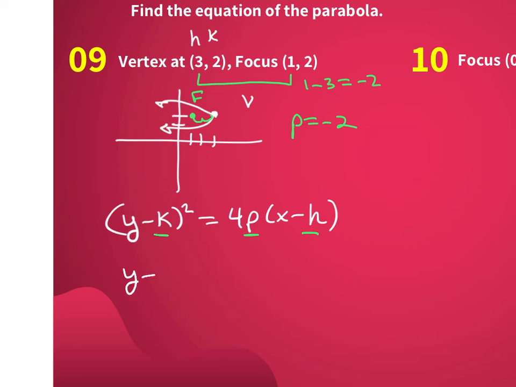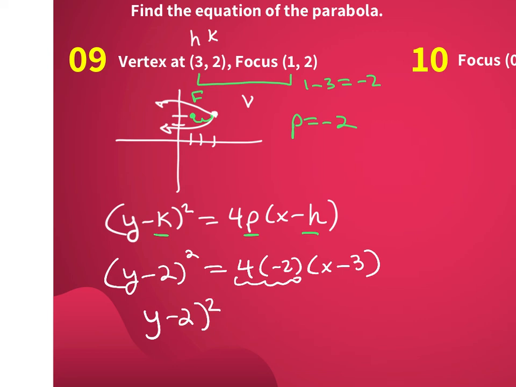So y minus 2, get that from the vertex. P is a -2, and my h is +3. All I have to do is multiply these two, and final answer, y minus 2 squared equals -8 times x minus 3. And I'm done.